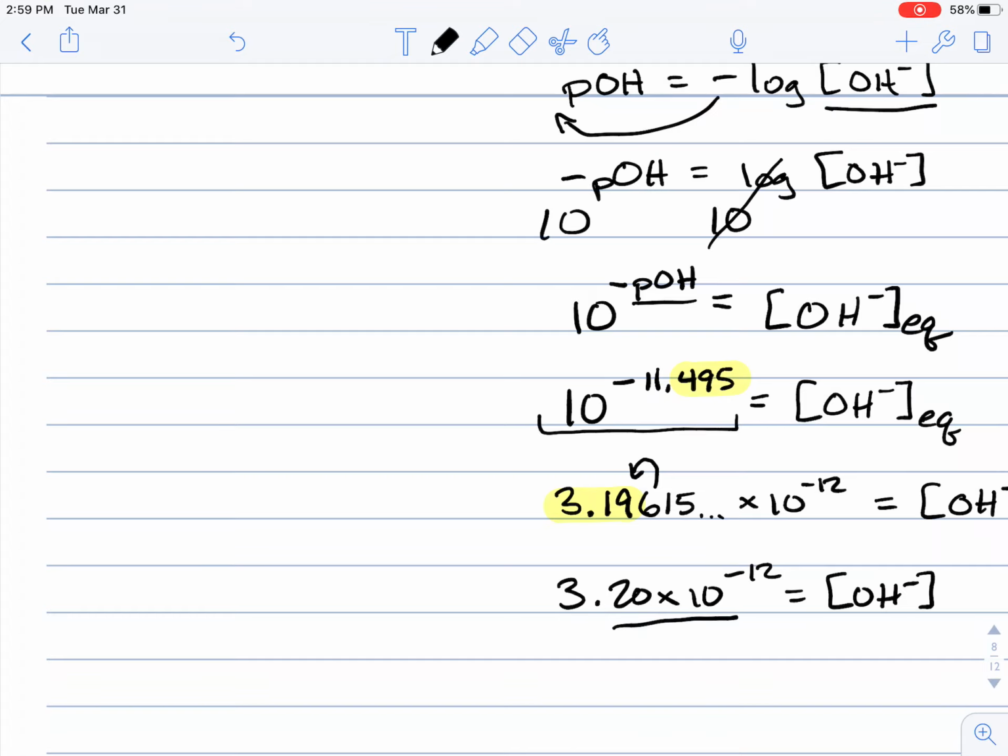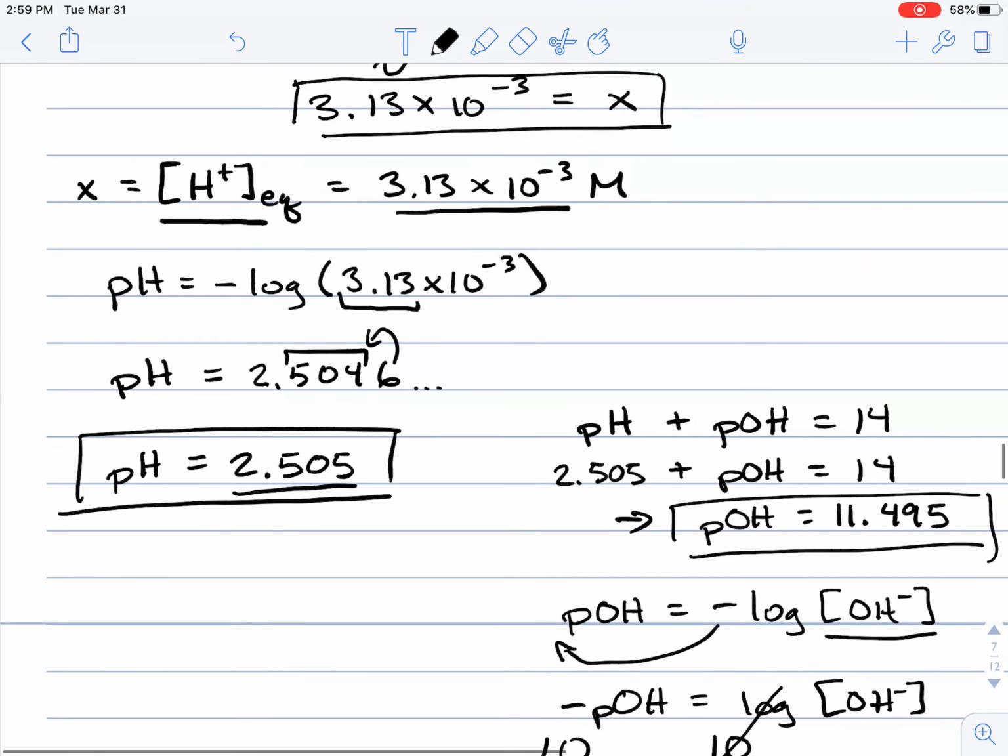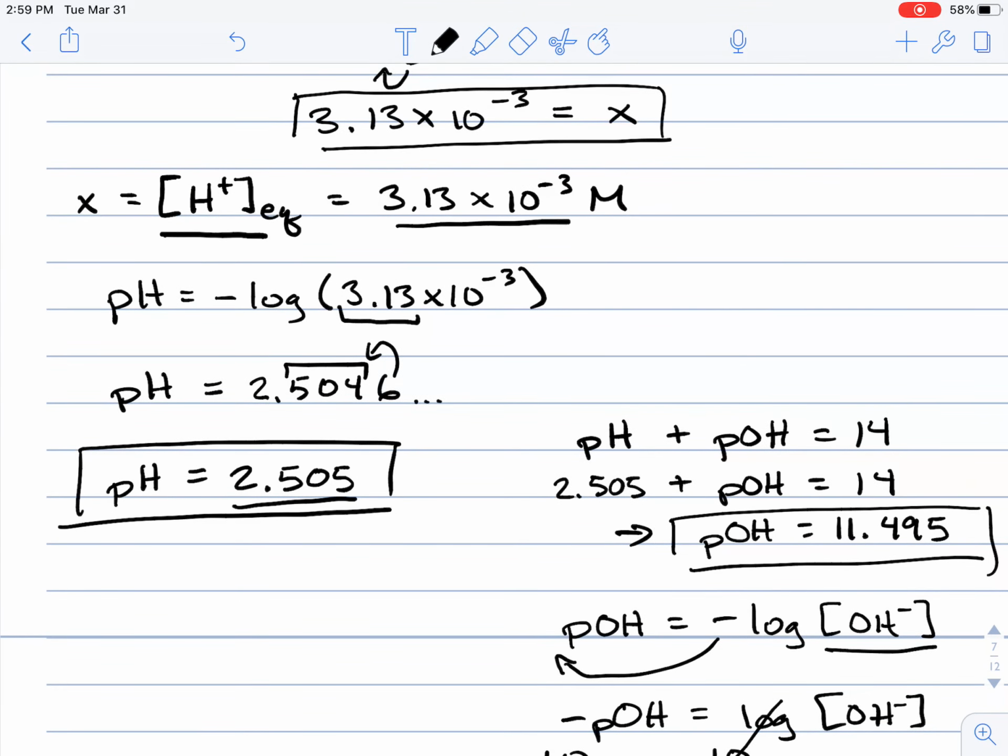The magnitude for OH minus is times 10 to the negative 12, which is far less than the magnitude of the concentration of H plus, which is times 10 to the negative 3. Since H plus has a higher value, that's another way we can assess whether the solution is acidic, basic, or neutral.